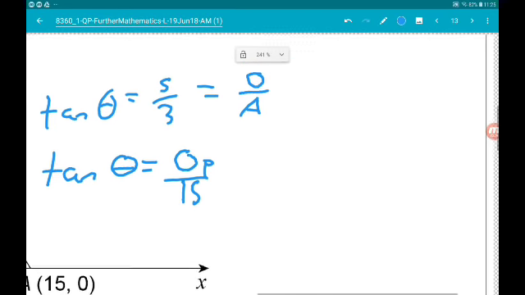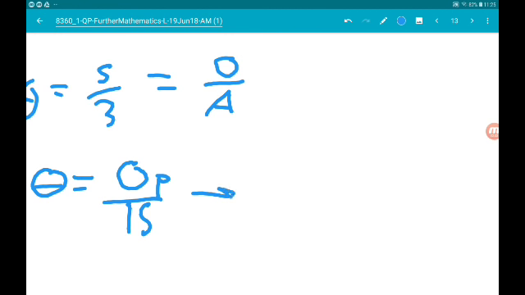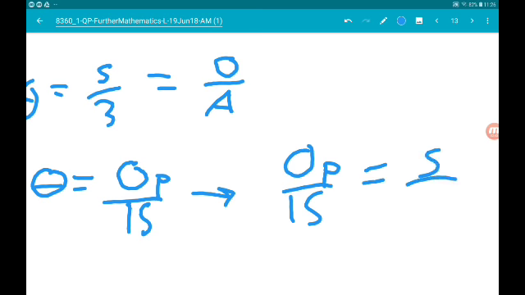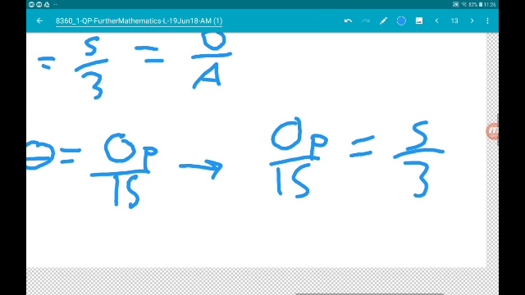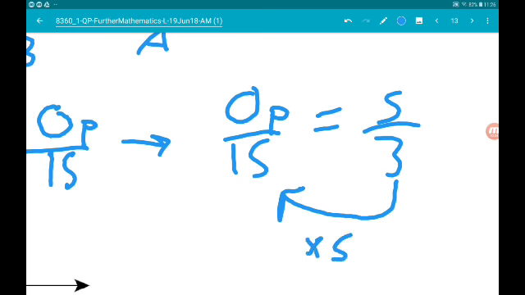So we know then that this opposite divided by 15 simplifies to 5/3. So to get back from 3 to 15, we multiply by 5.